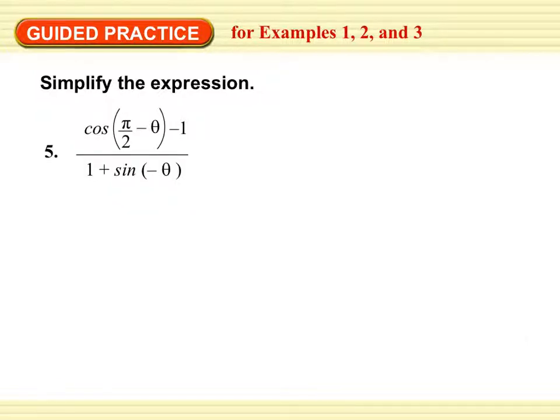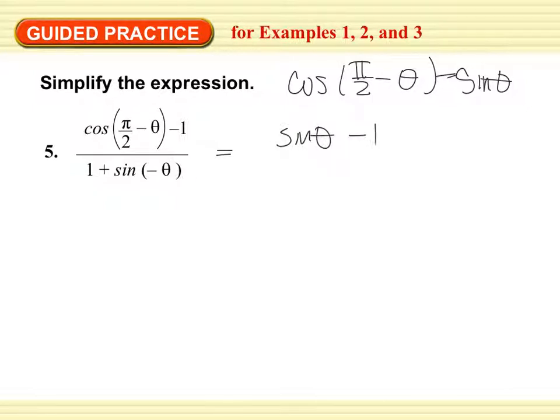Ooh. Okay, here's one of those cofunction identities. I'm in the book looking at the chart. I see that cosine of pi over 2 minus theta is the same as sine theta. So I'm going to substitute that.